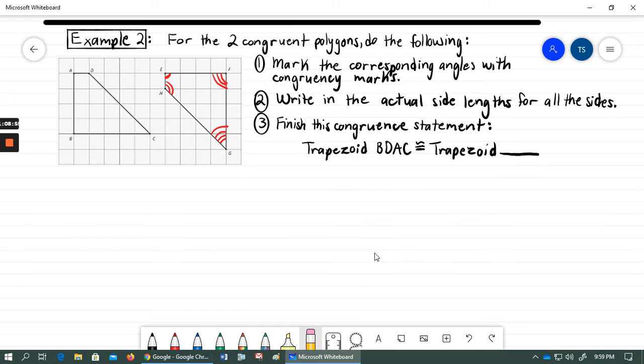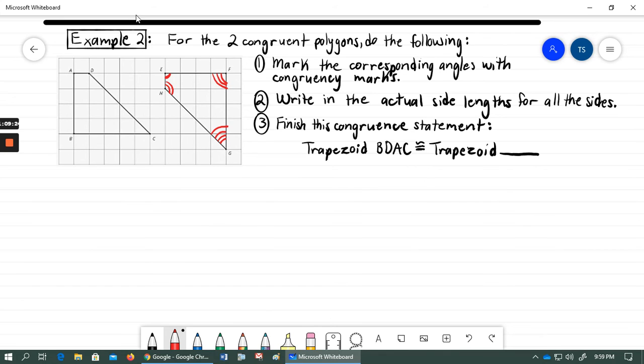Alright, so let's mark the rest of our corresponding angles using those congruency marks. Which angle would you guys say is going with angle E? Well, first off, angle E looks like it's a right angle.